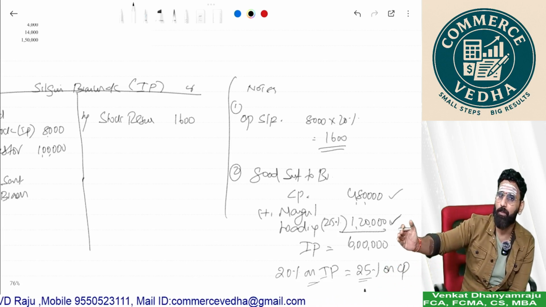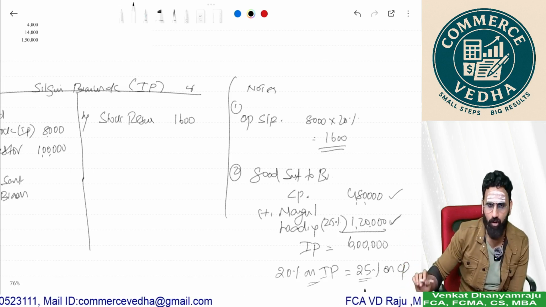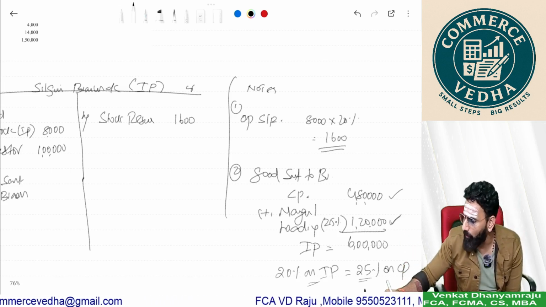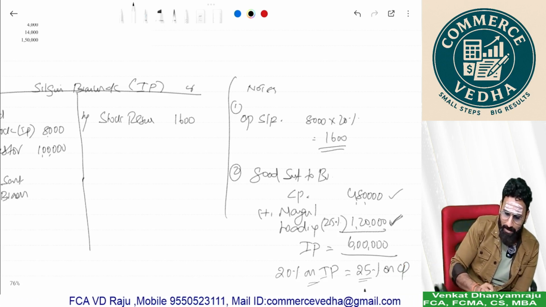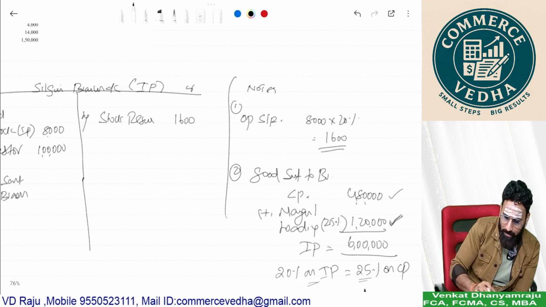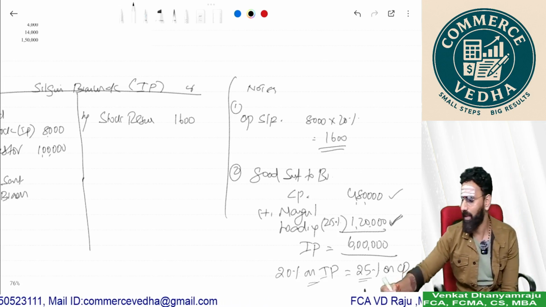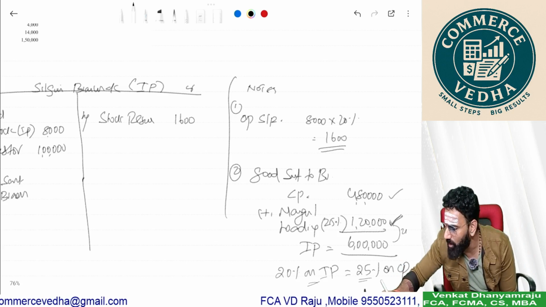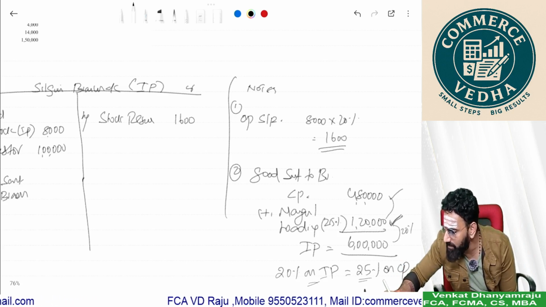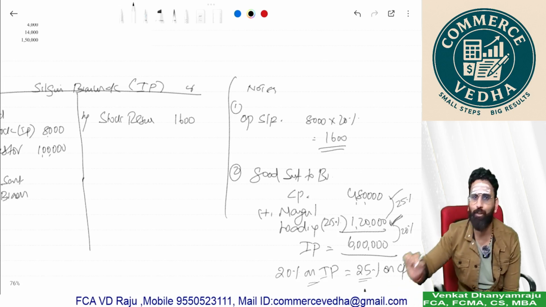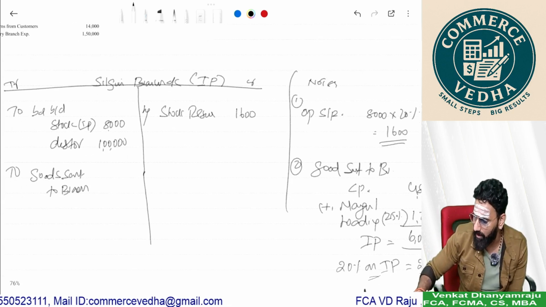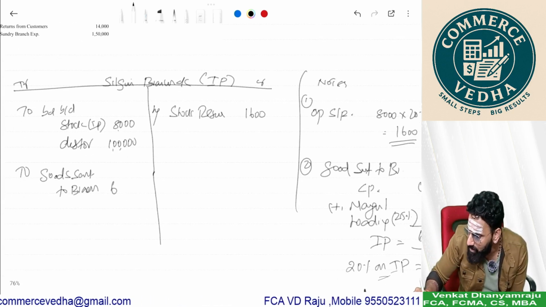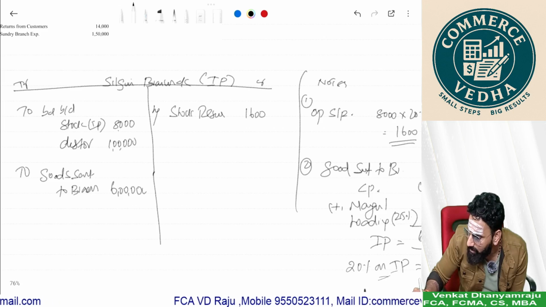If you multiply 6 lakhs into 20%, you get 1,20,000, which is 20% on invoice price, but the same is 25% on cost price. Hope it is clear. Now go back here and write goods sent to branch at invoice price 6,00,000.